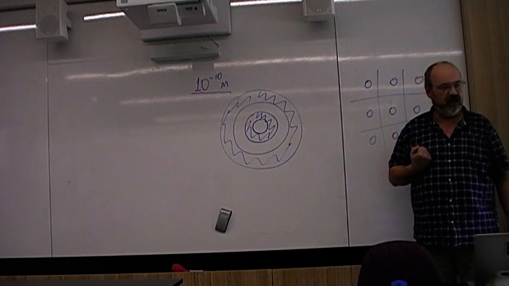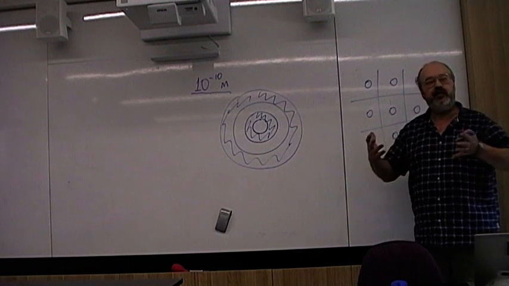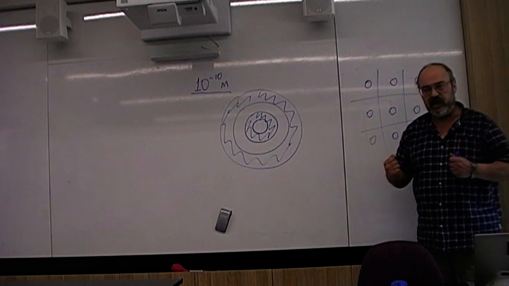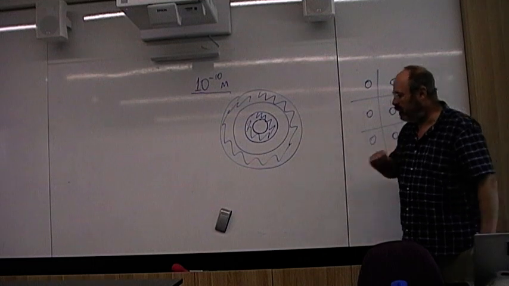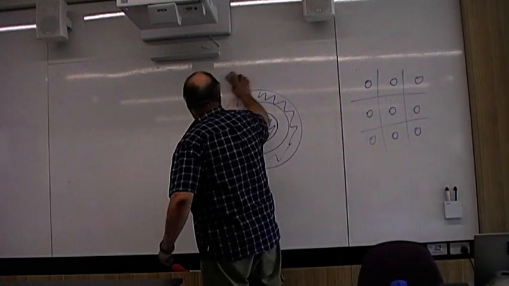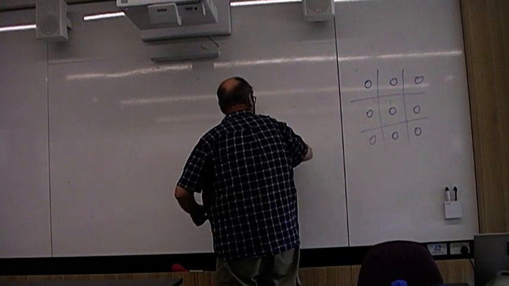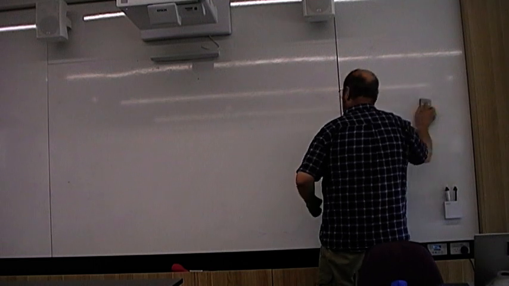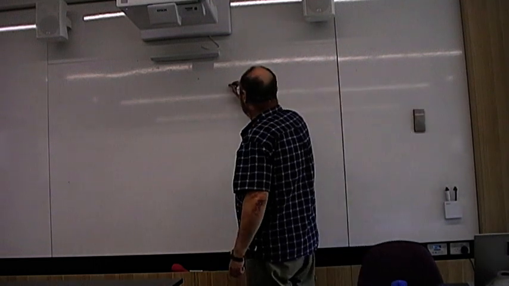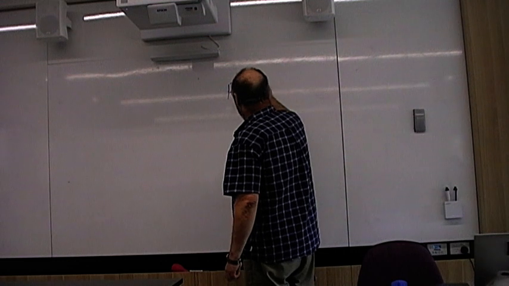Now let's put some numbers into that, to see how we can do calculations. The wavelength of a beam of particles is determined by the momentum of the particles.